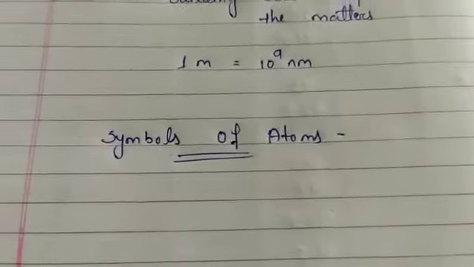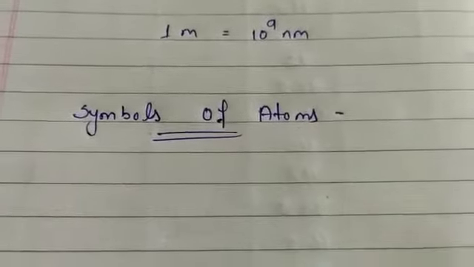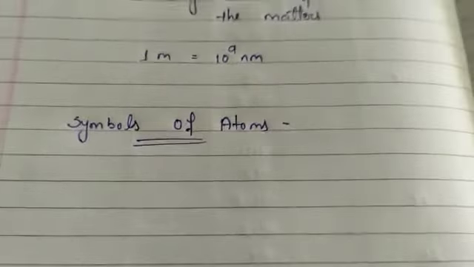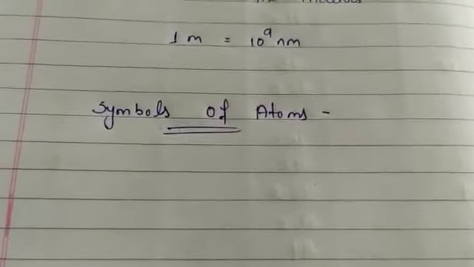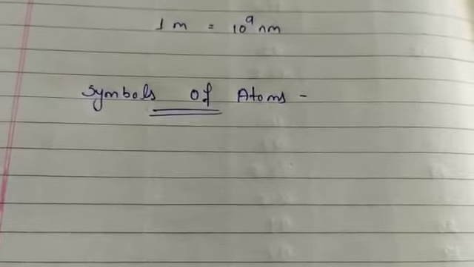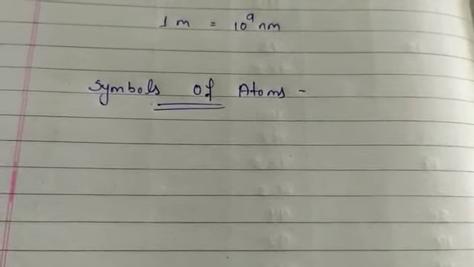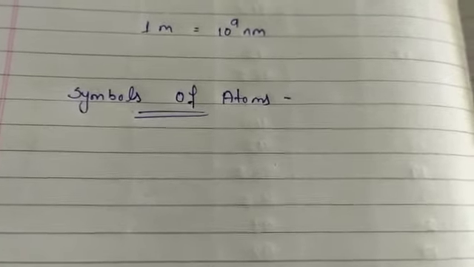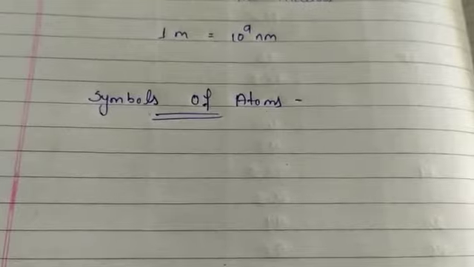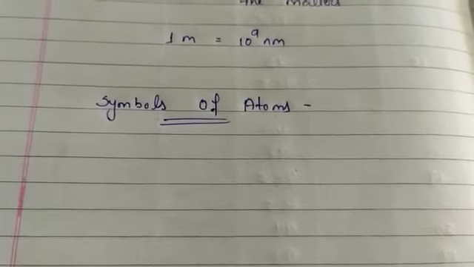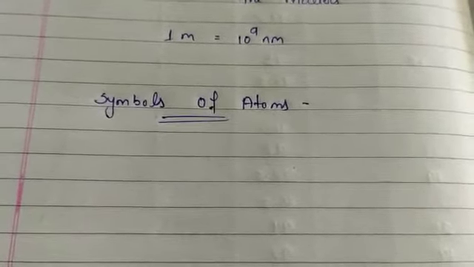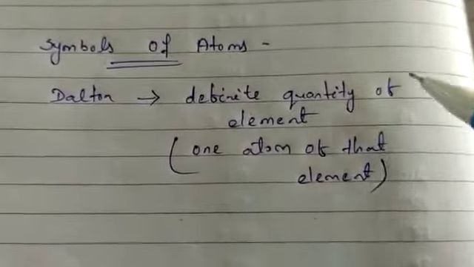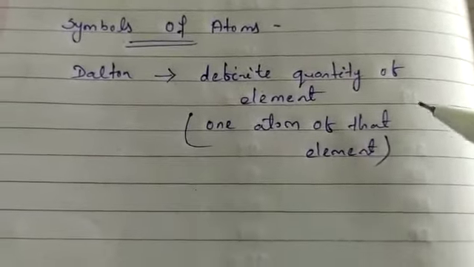Dalton was the first scientist to use symbols for the elements in a very specific sense. When he used a symbol for an element, he also meant a definite quantity of that element, that is, one atom of that element.